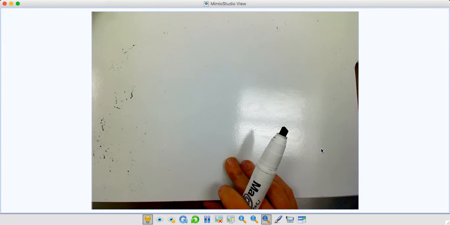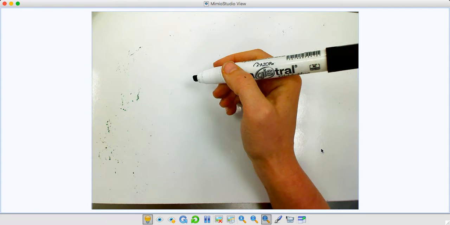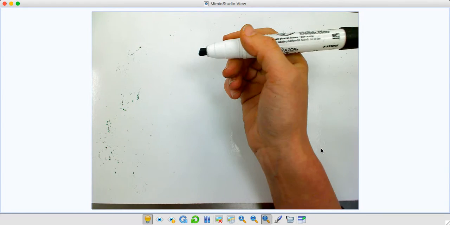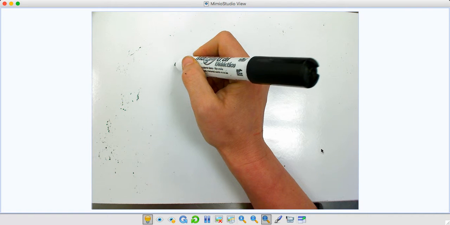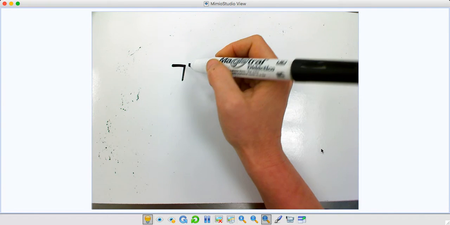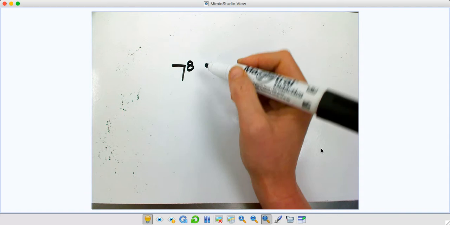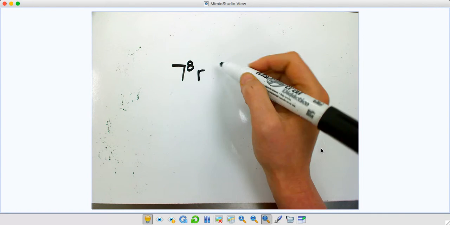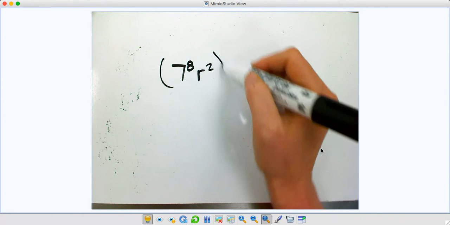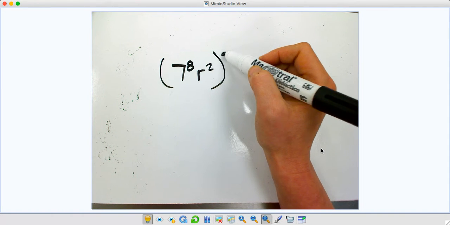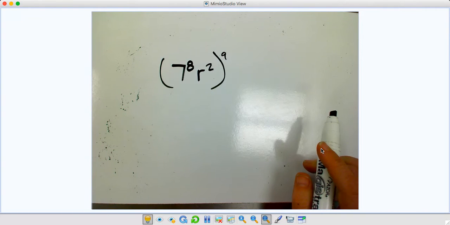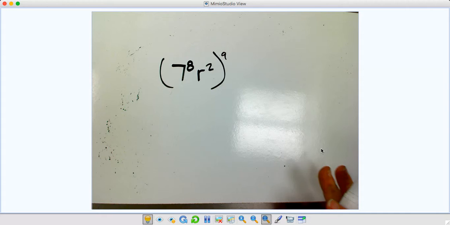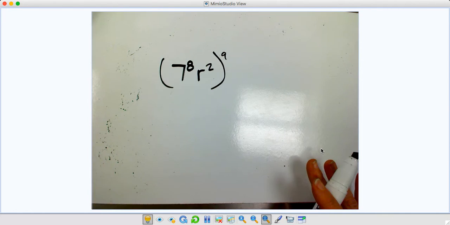It's weird. All right, so we're going to practice this with one that's a little more difficult. While we're doing it, I want you to do it with me. So I'm going to do 7 to the 8th power times r squared, all to the 9th power. Now, I could put this in expanded form, and I would put that 9 times, but instead of doing that, we're going to trust that our power of powers law is true.